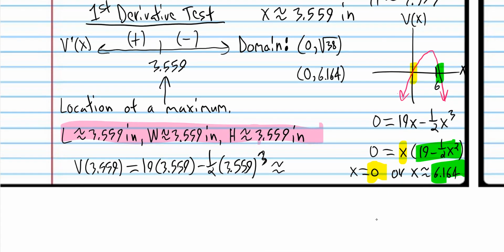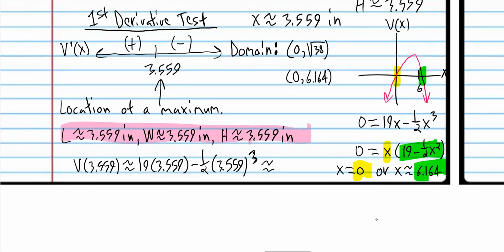And we should have squiggly equal signs because we plugged in a rounded off number. So let's go ahead and calculate this. And I'm doing that in my calculator. And we get 45.08. We can just put 45, that's good enough.